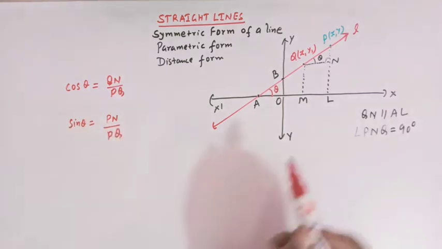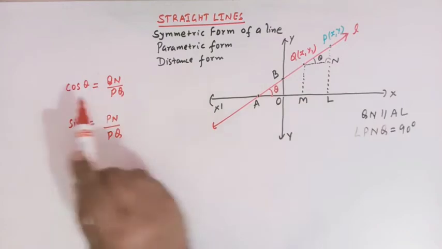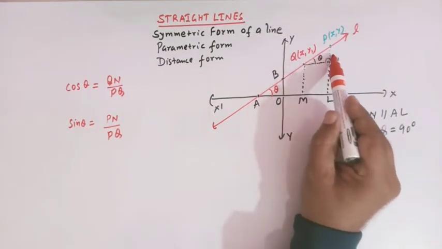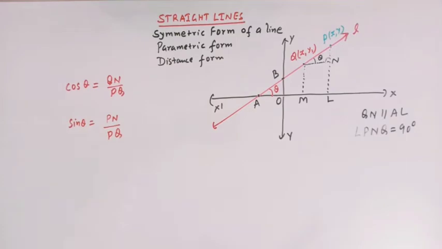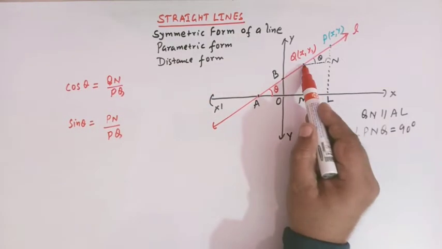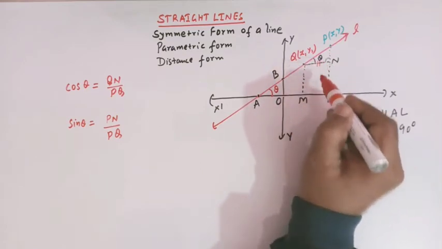This is from simple trigonometry: in case of cos theta, base divided by hypotenuse, and for sin theta, perpendicular divided by hypotenuse.